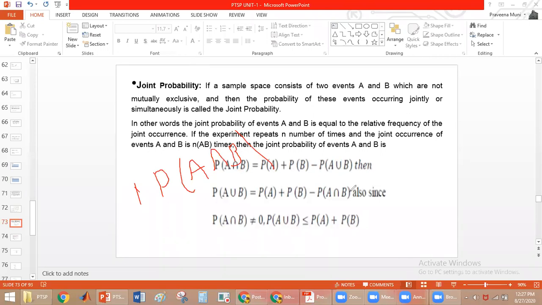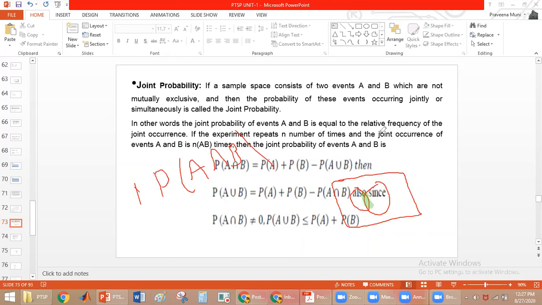From the Venn diagram, can you tell me what A intersection B can be written as? A intersection B is only this part of the diagram. Yes or no?